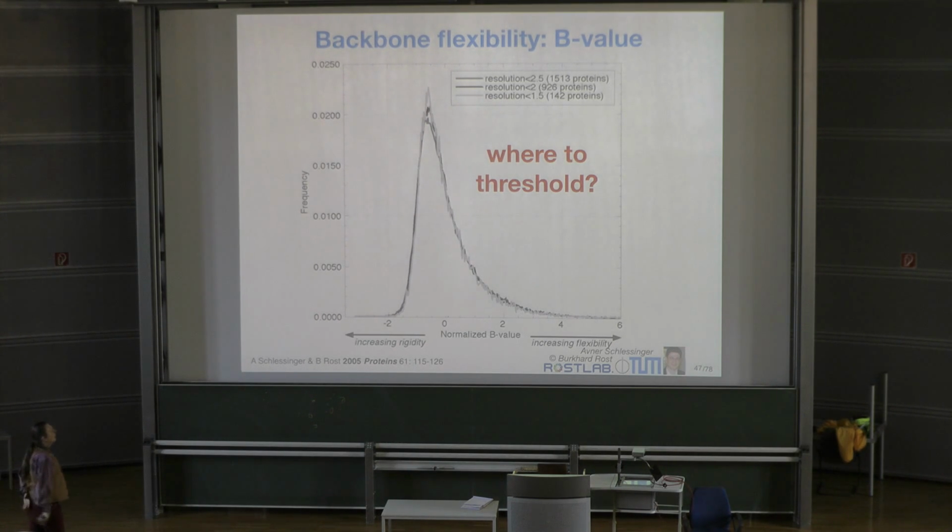Let's go a step back. This is not quite true. So I have to say something else. We're not predicting whether the protein is flexible or not. We're predicting whether a residue is flexible or not. Those ones here are flexible. Those ones here are not.